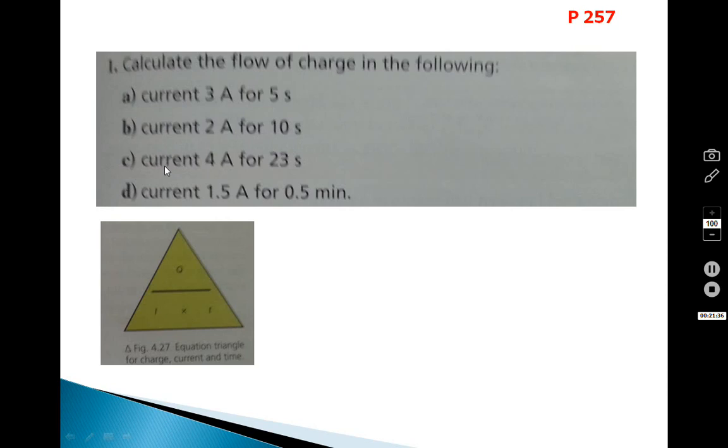Again we will find the flow of charge of current 4 ampere for 23 seconds. D is a little bit different. We have a current of 1.5 ampere for 0.5 minute, not second. So we need to find the flow of charge for all of those A, B, C, and D.